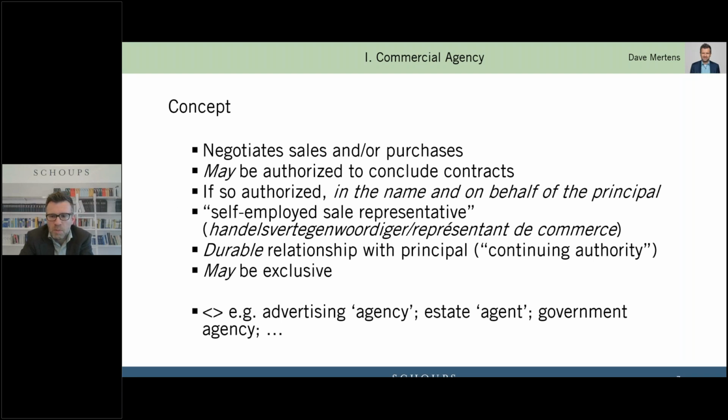Does he have the right to conclude any type of contracts, or is there a maximum amount, or only in a specific market, or only a specific number of clients, or only if he applies the price list you agreed with this agent, or the maximum discount that you allow him to give? Perhaps you say, if you apply the prices, then it's okay.